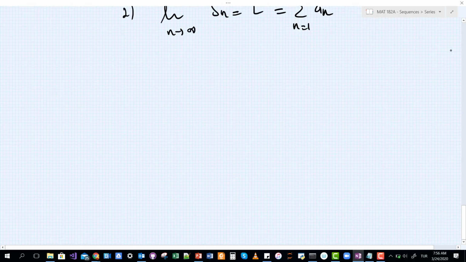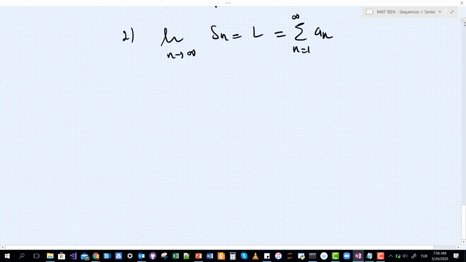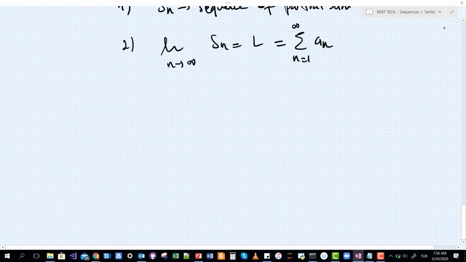This definition answers two questions we asked at the beginning of the class. Is a series convergent? It says yes. If it is convergent, what's the sum? If you can find the limit of the partial sums, that limit is also going to be the sum of your series. Perfect.